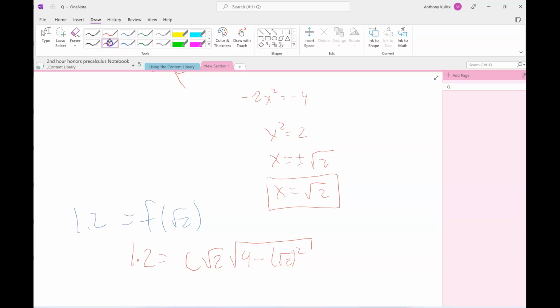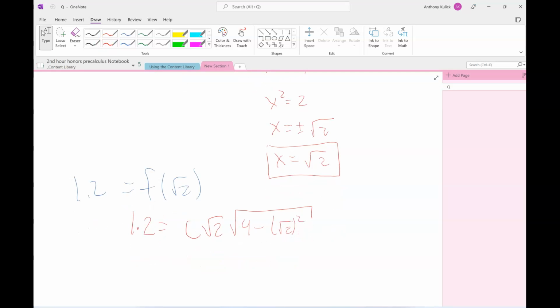And then I just need to solve for c. There's no calculus going on in this particular part, right? Everything I've done is just algebra and understanding the relationship between a function and its derivative. That's the only calculus I've used so far in part B, understanding that where this thing's at its maximum, the derivative has to be 0. And then it's all algebra after that.